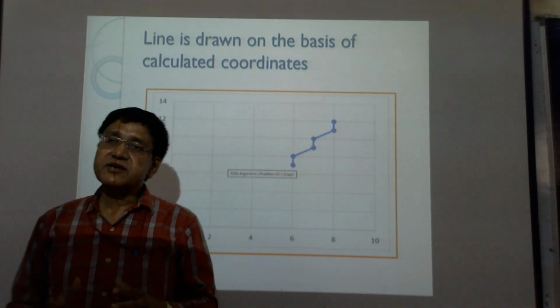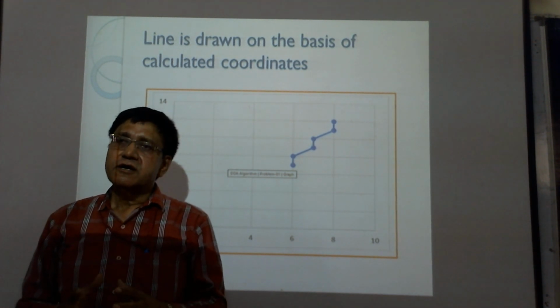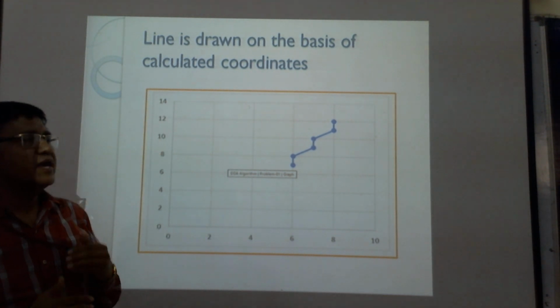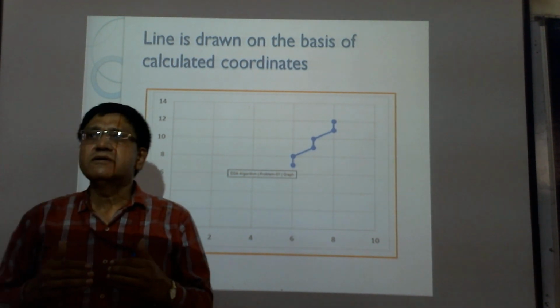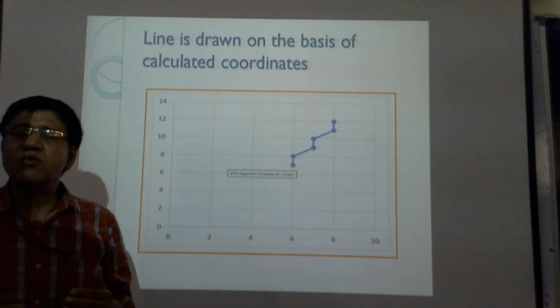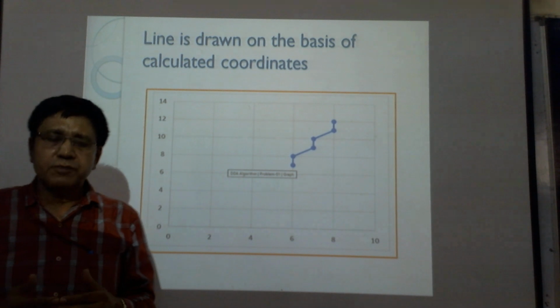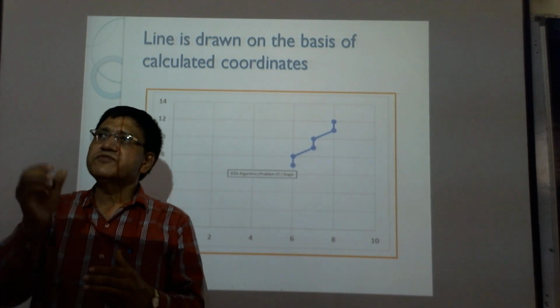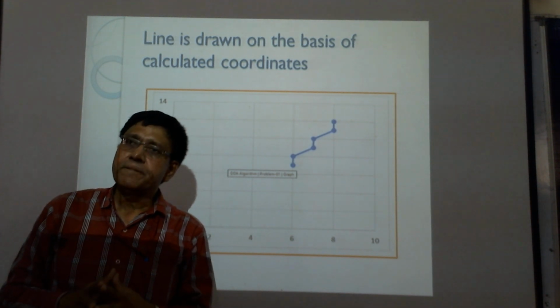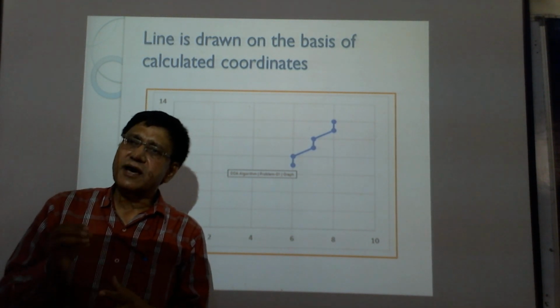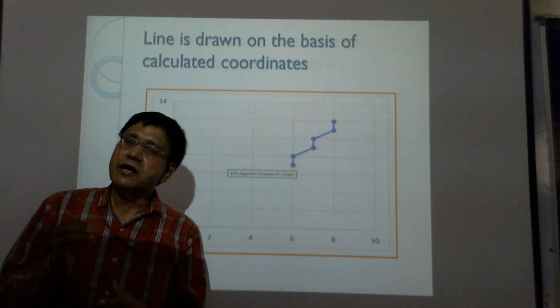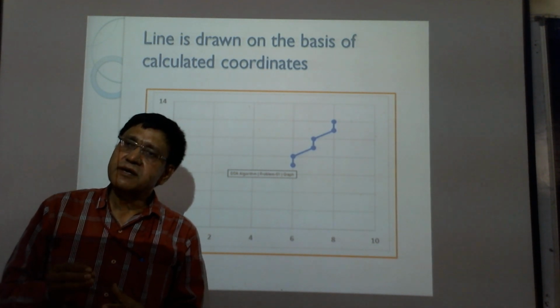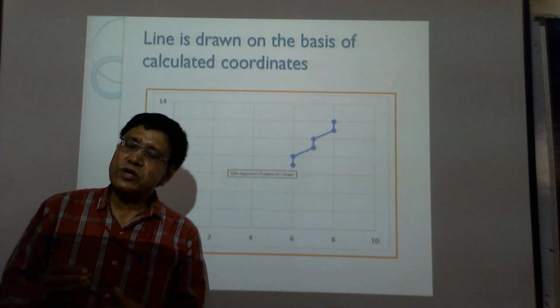We have many methods to draw lines. In this case we have some problems, some disadvantages, because we are taking the round off of the actual value which we calculate. This round off makes an approximation, and approximation makes less accuracy.